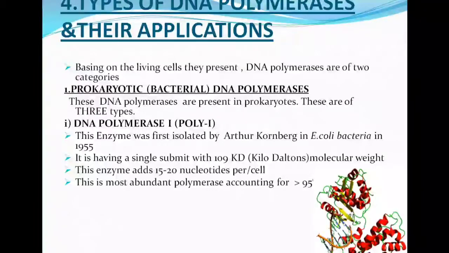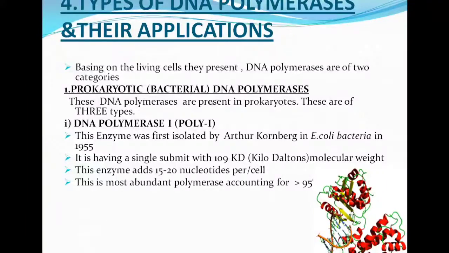There is no distinct nucleus in the bacterial cells, hence they are called prokaryotes. In the prokaryotes, the DNA polymerases were first discovered, and that's why we first learn about prokaryotic DNA polymerases. There are so many types, but there are three important types of DNA polymerases in prokaryotes.